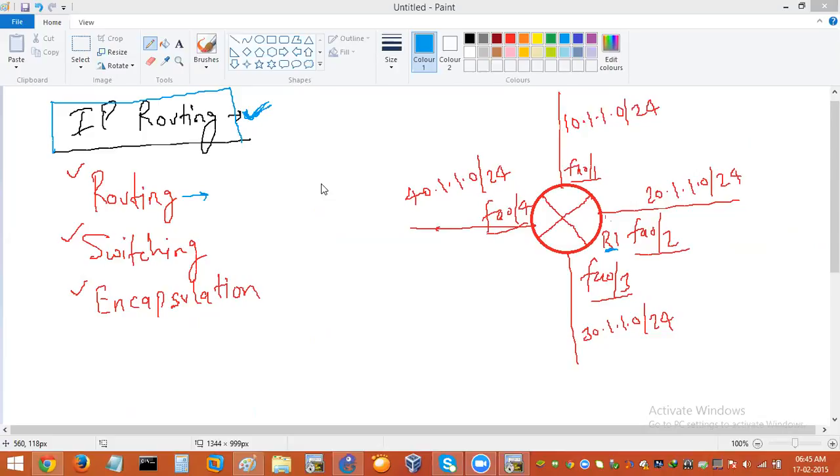Yes, Anjum, you are doing right. What about Ali? Ali, you there? Yeah. Yes, so you guys actually got the concept. Everyone is correct.